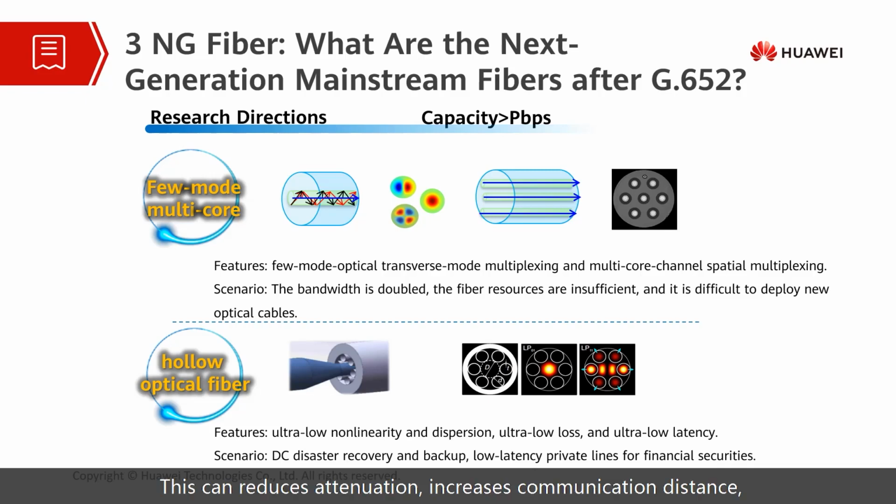This can reduce the attenuation, increase the communication distance, prevent the interference caused by the dispersion, and also support more frequency bands. In addition, it allows strong optical power injection. It is estimated that the communication capability of this fiber is even 100 times that of the current fiber.